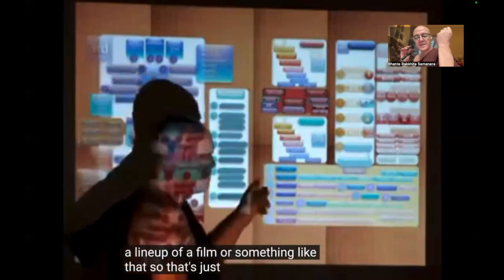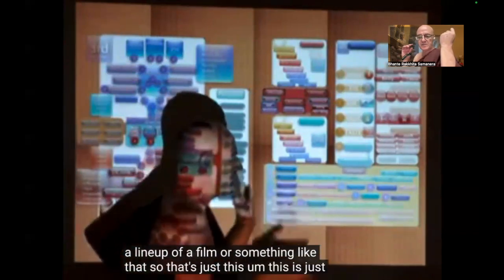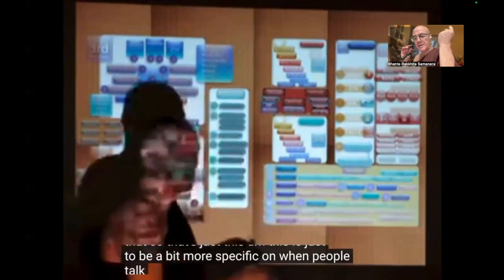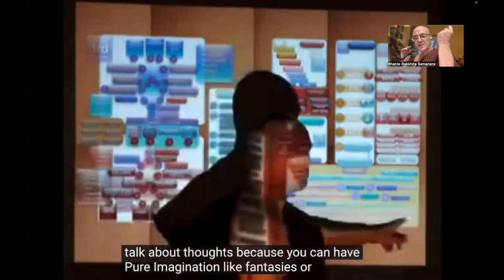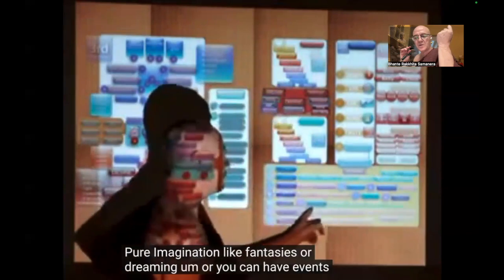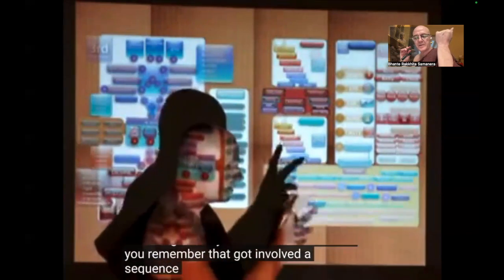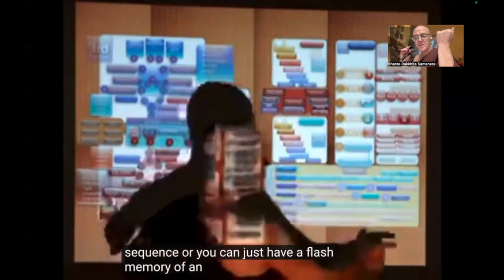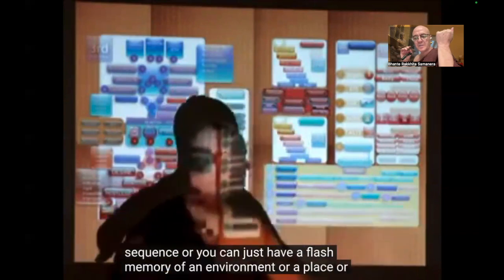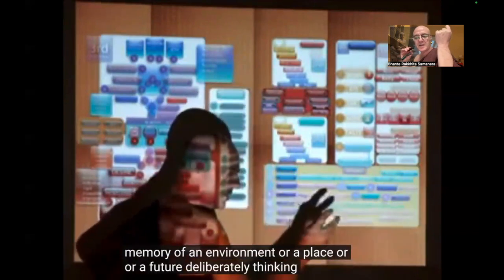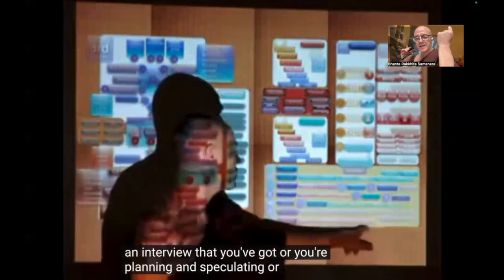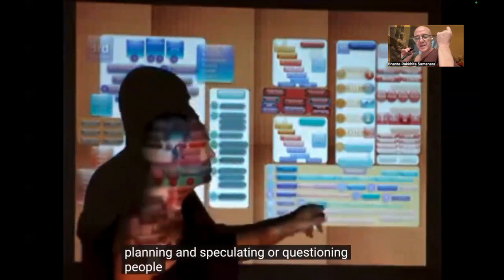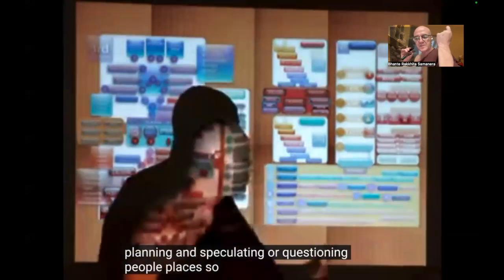This is to be a bit more specific when people talk about thoughts, because you can have pure imagination like fantasies or dreaming, or events that you remember in a sequence, or just a flash memory of an environment or a place, or a future, deliberately thinking about an interview that you've got, or planning and speculating or questioning people, places.